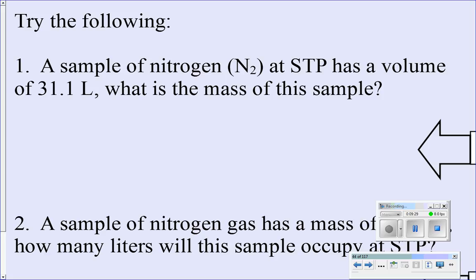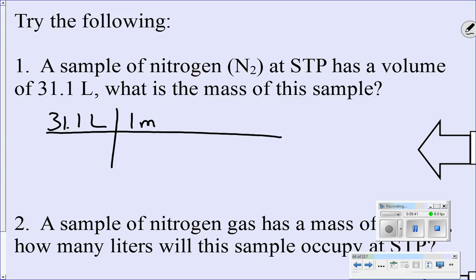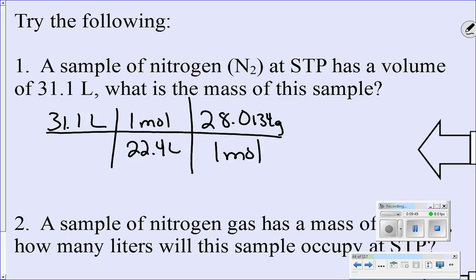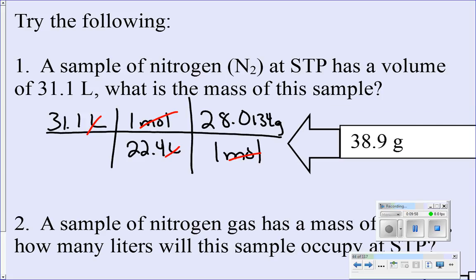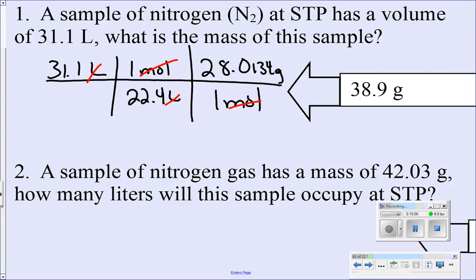So please pause the video, take a minute, and calculate the answers to the next 2. Number 1, you should have gotten 38.9 grams, shown the work for you right there.